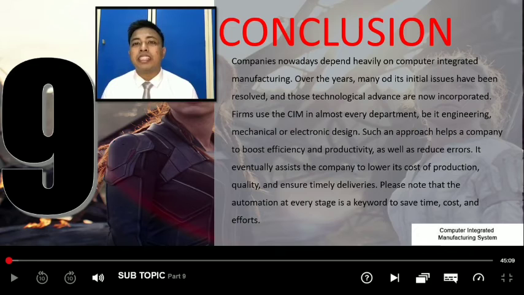CIM is a combination of different applications, which are CAD, CAM, computer-aided engineering, robotics, manufacturing resources planning, and enterprise management solutions. It can also be considered as an integration of all enterprise operations that work with a common data repository.